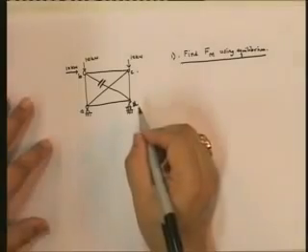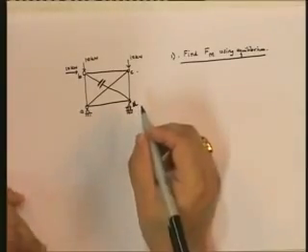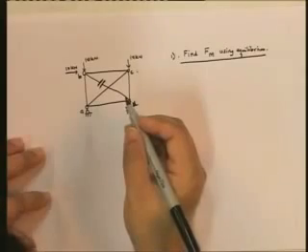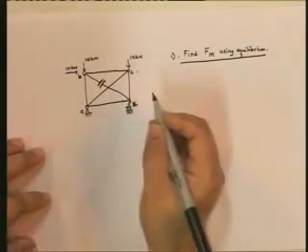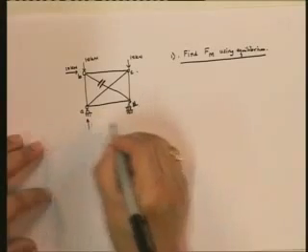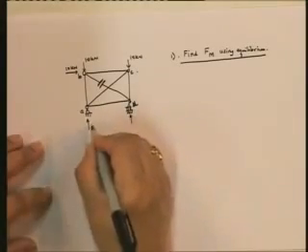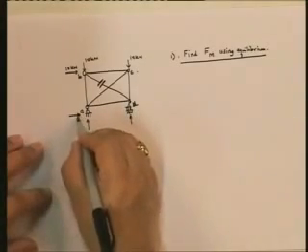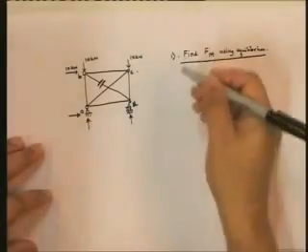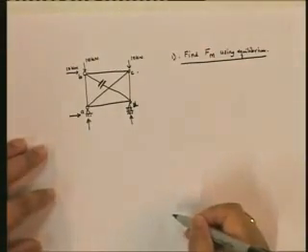So let's do that. Here I'm going to be using the method of joints, and since I'm using the method of joints, let's first find the unknown reactions. I'm going to find the reactions without writing down all the equations.